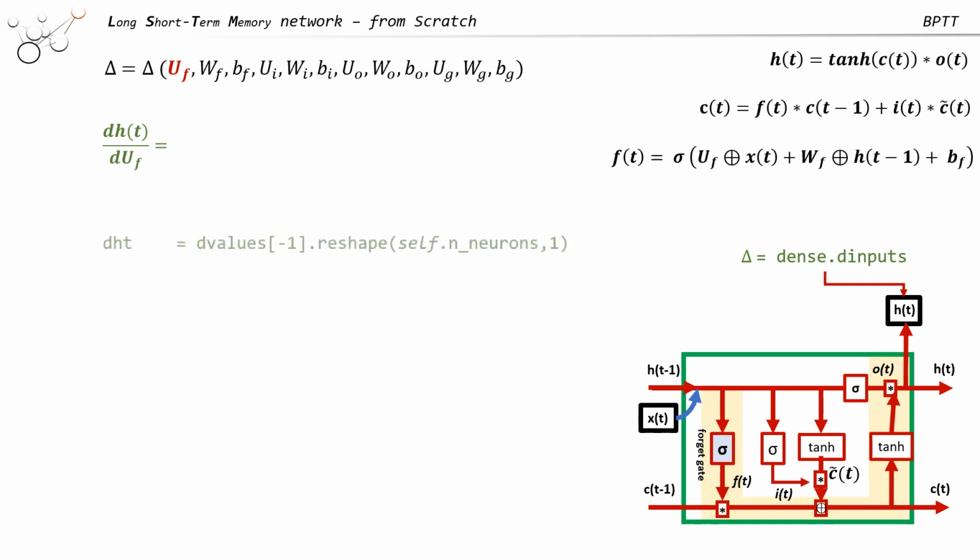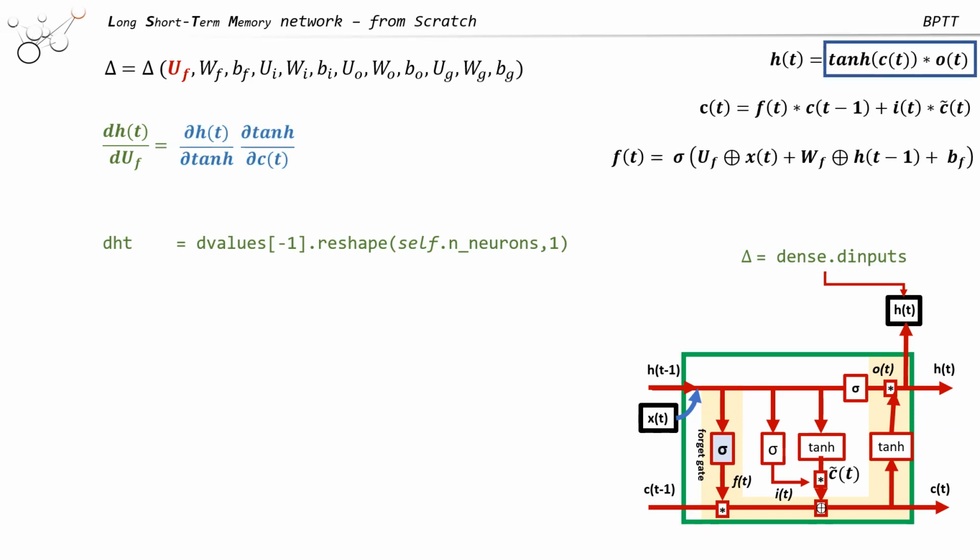And if we just take a look at the equation here, so first of all, dHT itself is actually already given by the d values that we get from the dense layer. So we just get this particular input already from the dense layer.